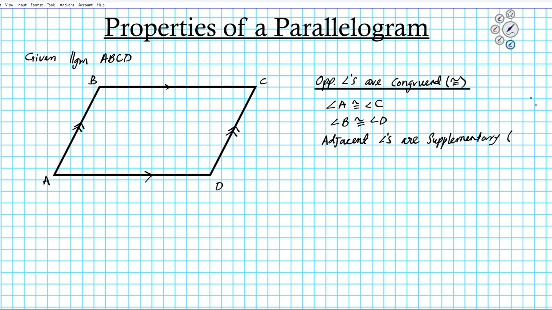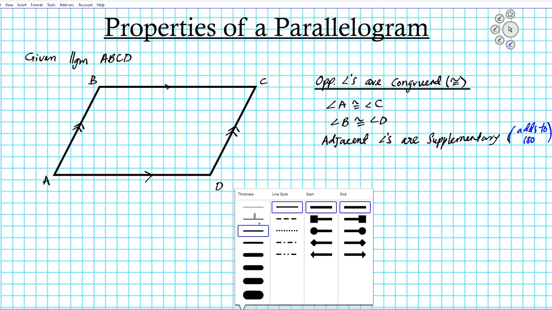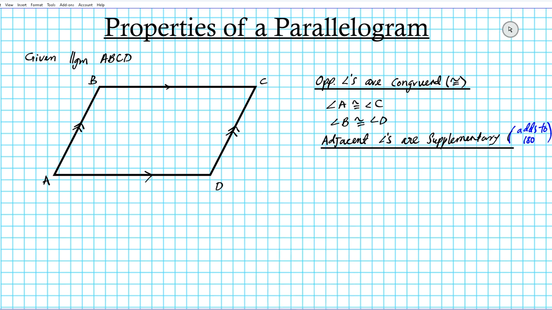Supplementary simply means they add up to 180 degrees. So keep that in mind. What are the supplementary angular pairs for this parallelogram? Let us go ahead and specify them, just angles that are next to each other.